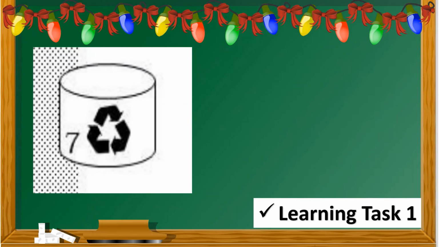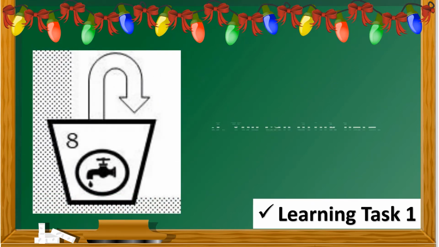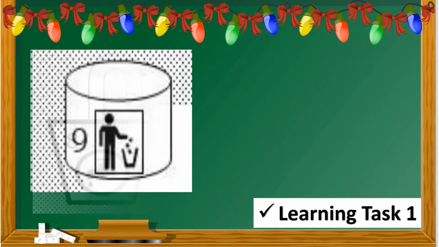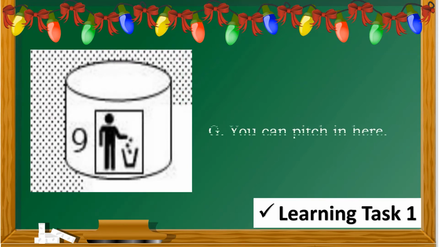For number 7, it's letter I. You must recycle. For number 8, it's letter J. You can drink here. Number 9, the answer is G. You can pitch in here.